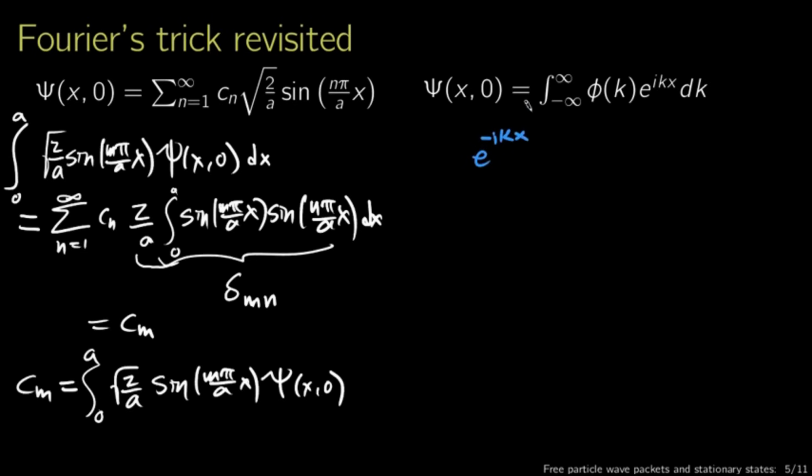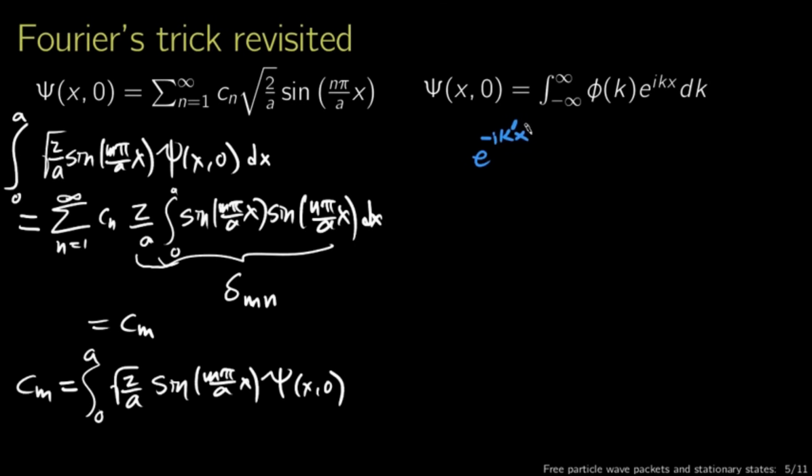Now, I'm leaving off normalization constants because I don't know what they are at this point, but while I have a k in this integral, I shouldn't use k here. This is the same as saying I have an n in this sum, so I shouldn't use n in the function that I'm multiplying through. Things will just get confusing. So I'm going to call this k prime.